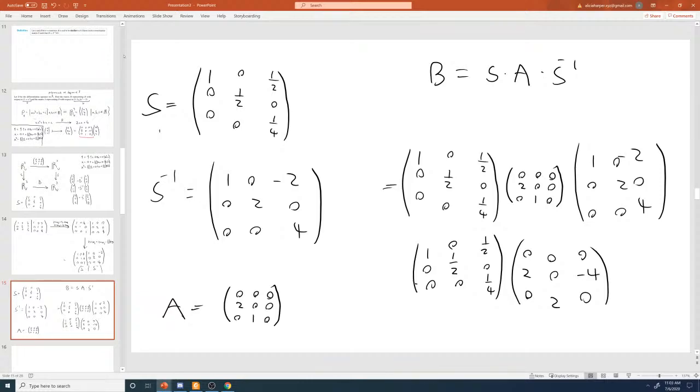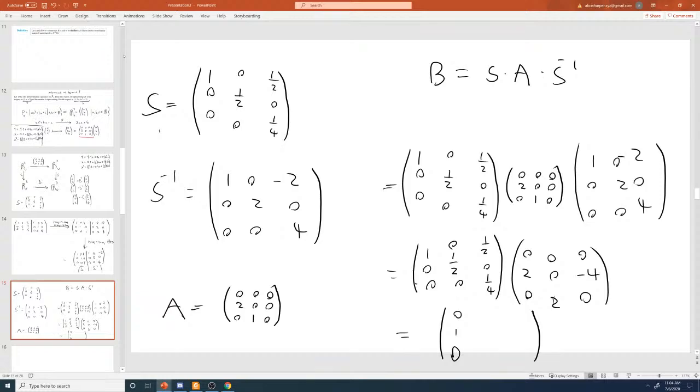Now I multiply this matrix with this matrix. So let's see what I get. I get 0, 1, 0, and then I multiplied this column with each of these rows.